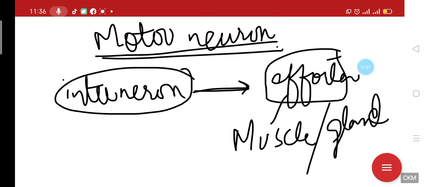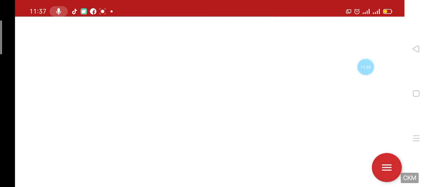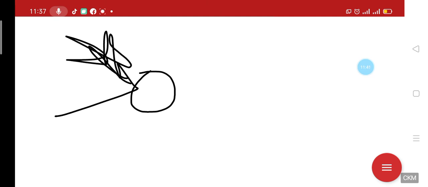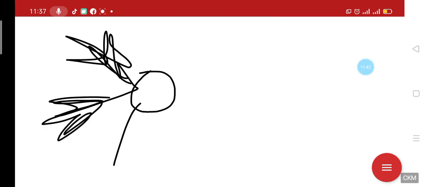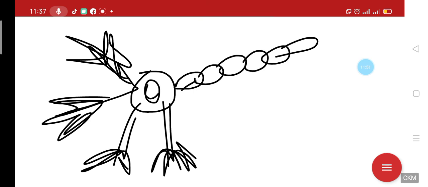The effector could be a muscle or a gland. So the motor neuron carries the message from the interneuron and sends it to the effector, which could be a muscle or a gland. Now, what would the structure look like? If we discuss the structure, these motor neurons will have many dendrites but one axon.